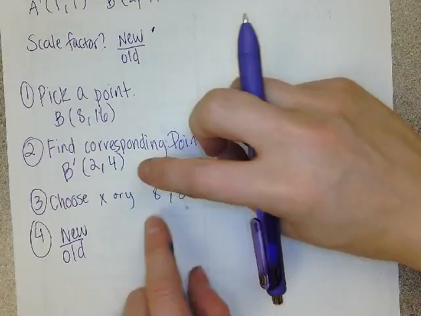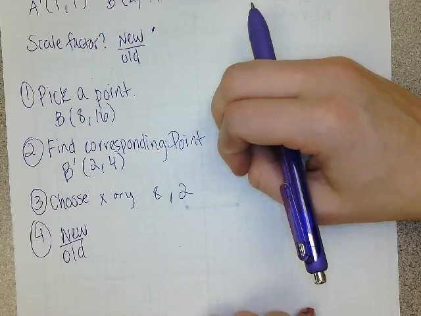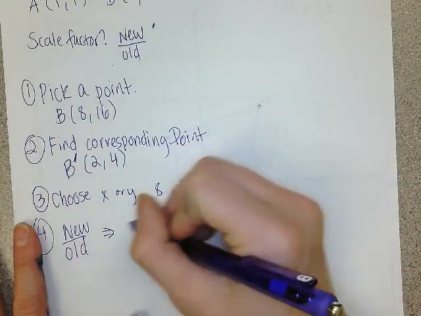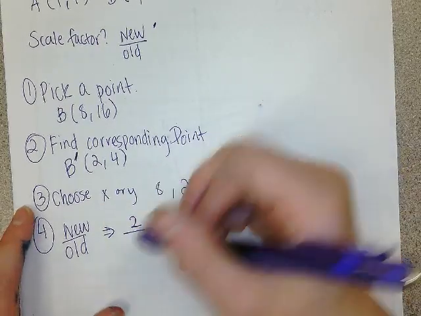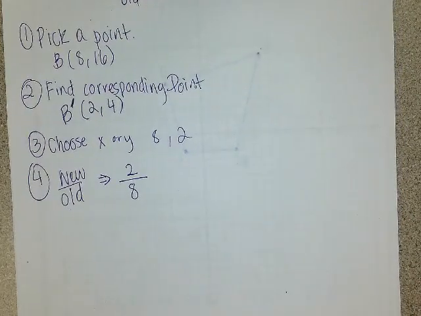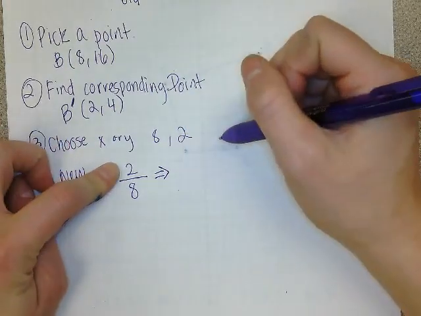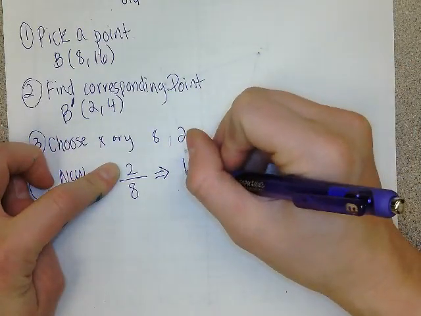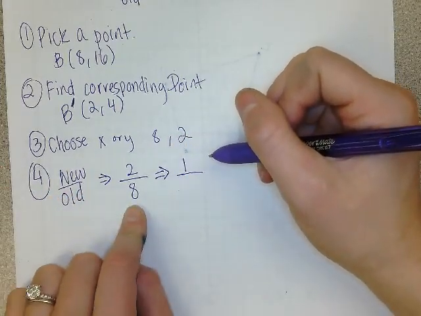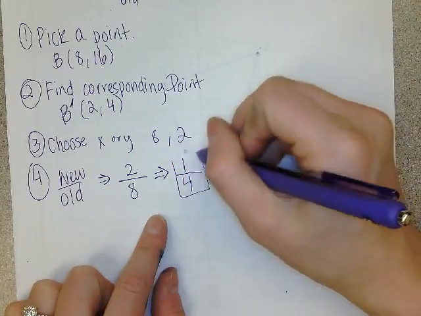So is 8 or 2 my new x? 2, because that's with the B prime. So 2 over 8. Now, can we simplify that? Yes. 2 divided by 2 is 1, and 8 divided by 2 is 4. So now my scale factor is 1/4.